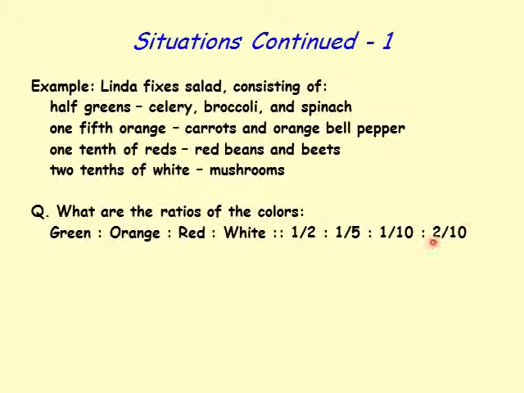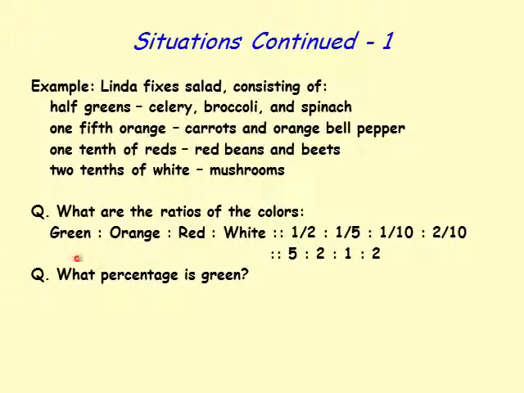Now we're going to remove the denominators by multiplying each of these ratio portions by 10. Multiply half by 10, I got 5. Multiply 1/5 by 10 is 2. 1/10 by 10 is 1, and 2/10 by 10 is 2. So green, orange, red, and white are in the ratio of 5 to 2 to 1 to 2.